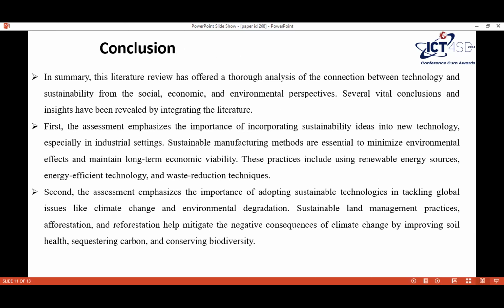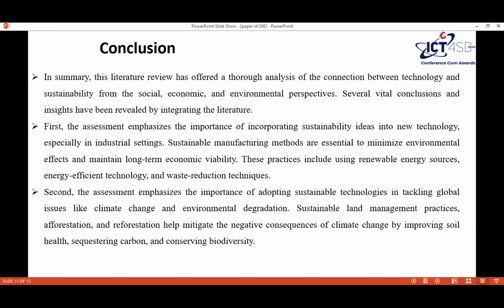First, the assessment emphasized the importance of incorporating sustainability ideas into new technology, especially in industrial settings. Sustainable manufacturing methods are essential to minimize environmental effects and maintain long-term economic viability. These practices include use of renewable energy resources, energy efficient technology, and waste reduction techniques.